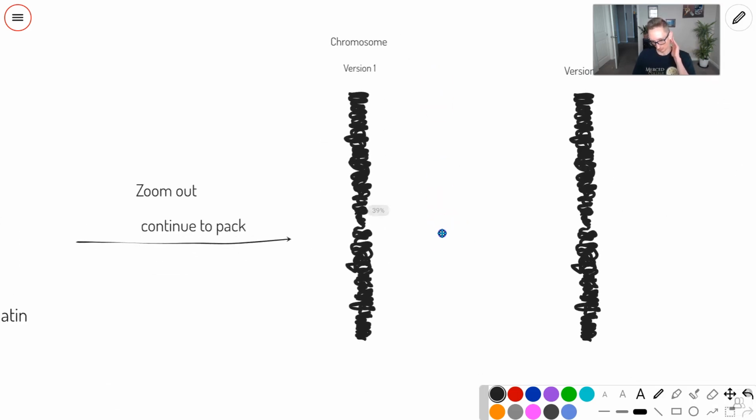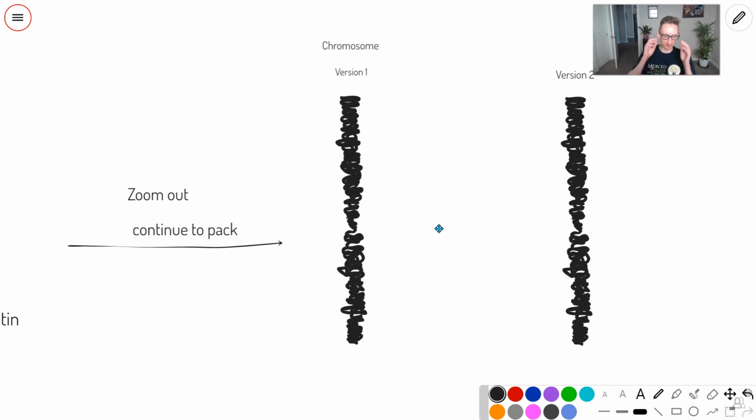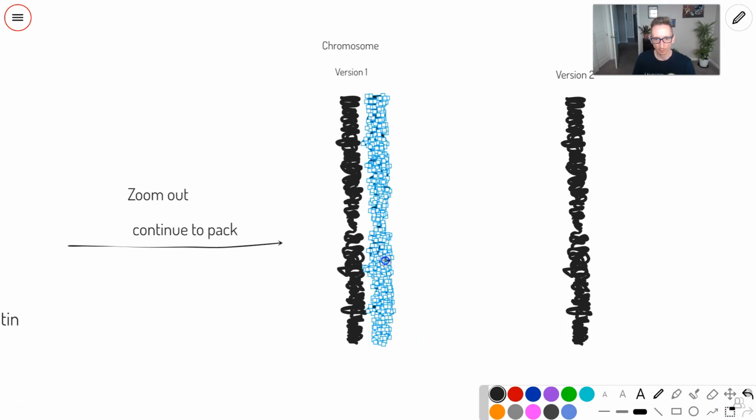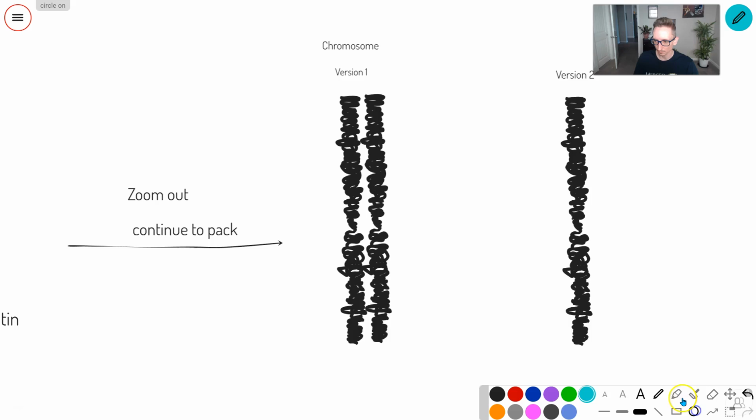What happens is, I've not really talked about the cell cycle yet, but before a cell divides, it makes a copy of all of its DNA. Boom. And this is a copy now. And right here, we got a specialized little structure.